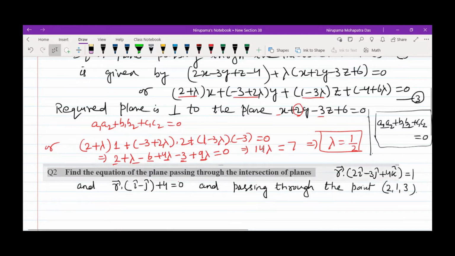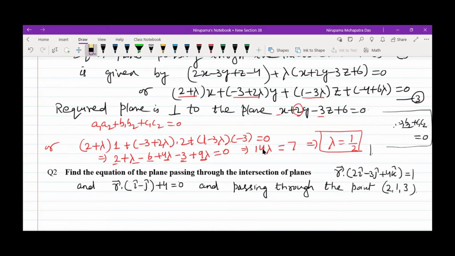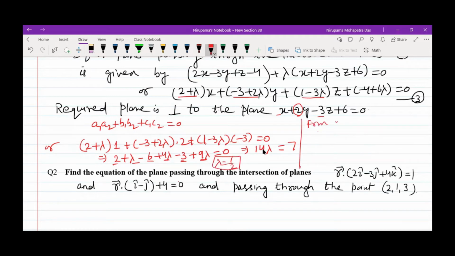Okay, you are getting lambda equal to 1 by 3, sorry, lambda equal to 1 by 2. So put the value of lambda here to get the equation. We are getting lambda equal to 1 by 2.